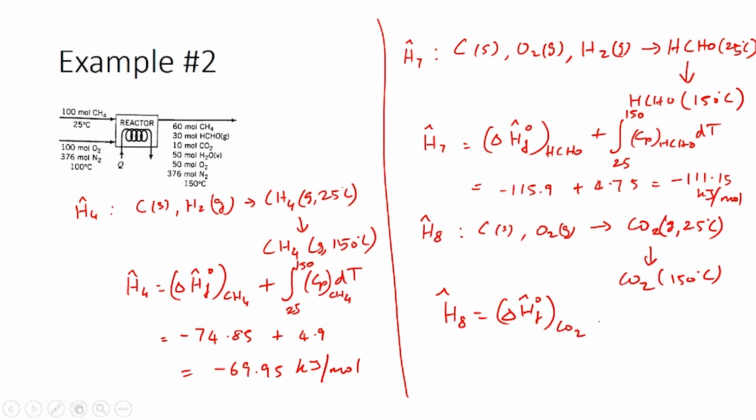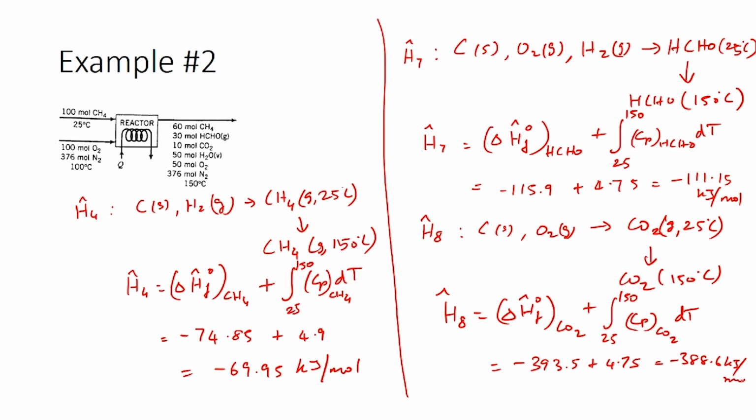You use the standard heat of formation of carbon dioxide and add it to integral 25 to 150 Cp of carbon dioxide dt, and substituting the value for the heat of formation and the Cp value for carbon dioxide, you would be able to calculate H8 cap as minus 393.5 plus 4.75, which would be equal to minus 388.6 kilojoules per mole.